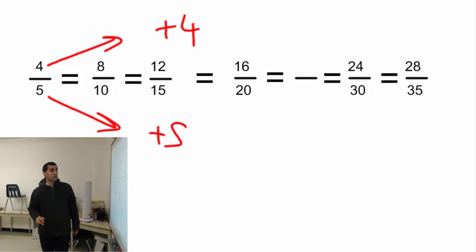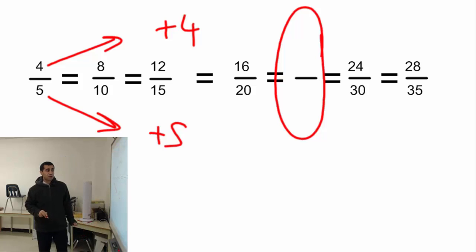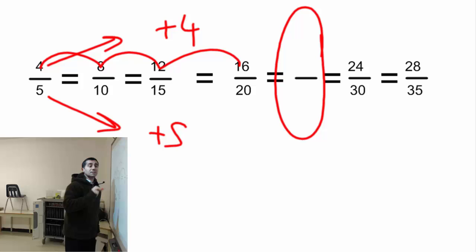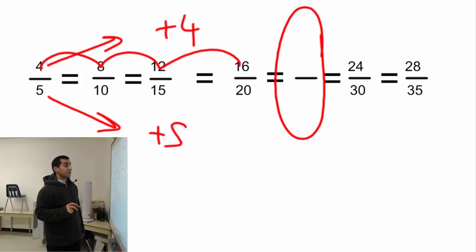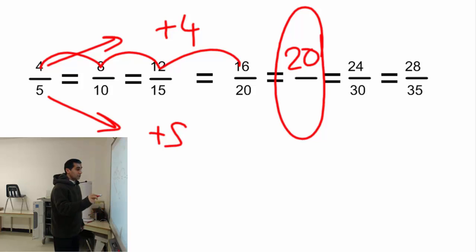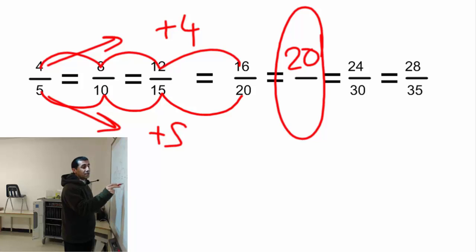So what is the question? They want me to figure out what fraction goes there. That's easy. The top goes 4, 8, 12, 16. What's the next number? 16 plus 4 is 20. So let's do the bottom one. 5, 10, 15, 20.